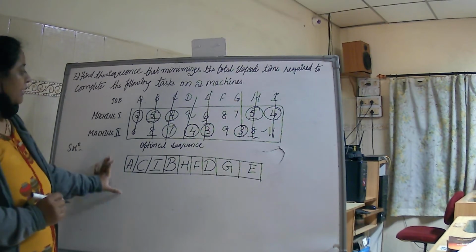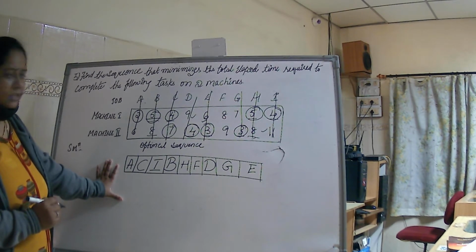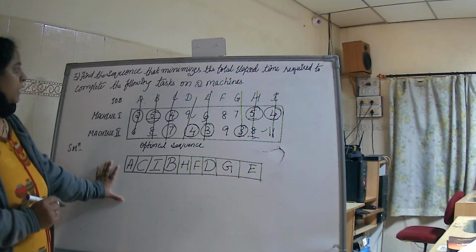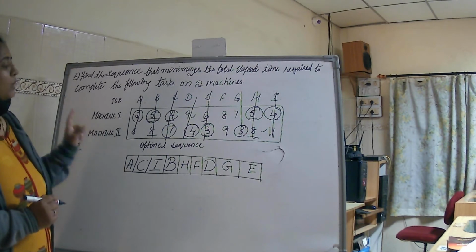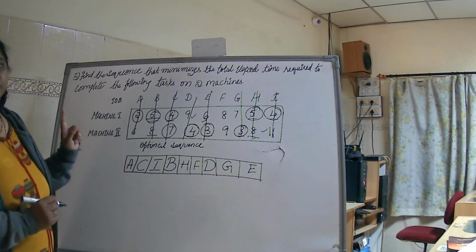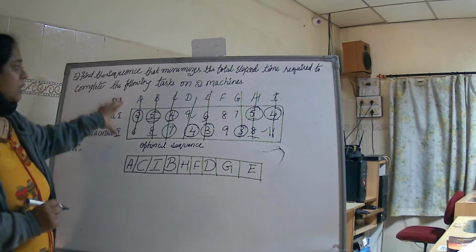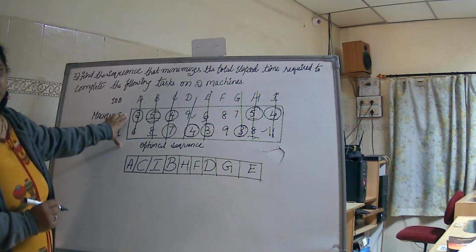So this is how you need to find your optimal sequence if you have more than one process value which is the same. This is how you need to calculate, students.